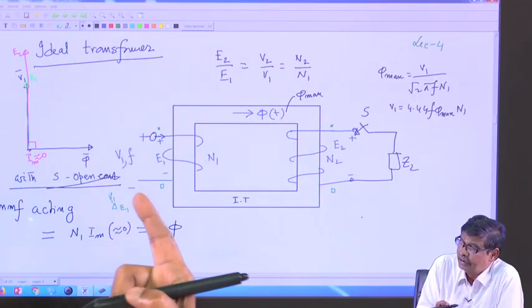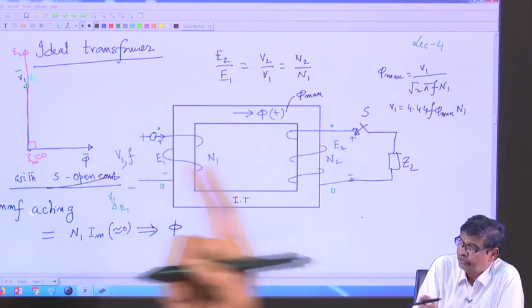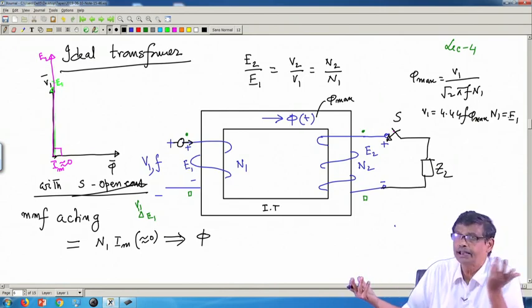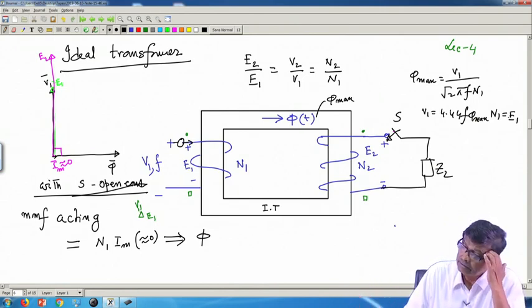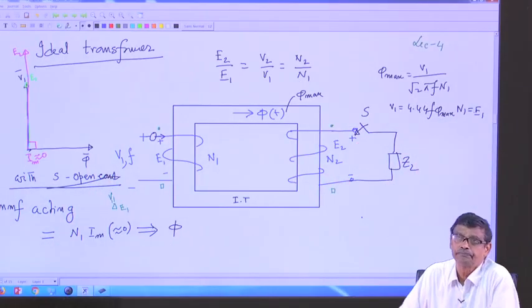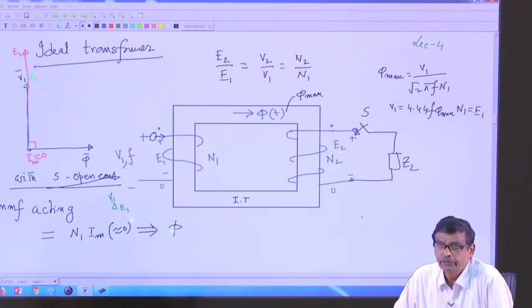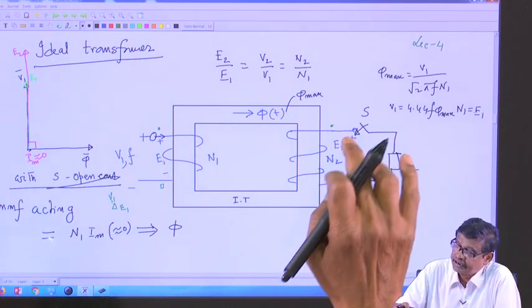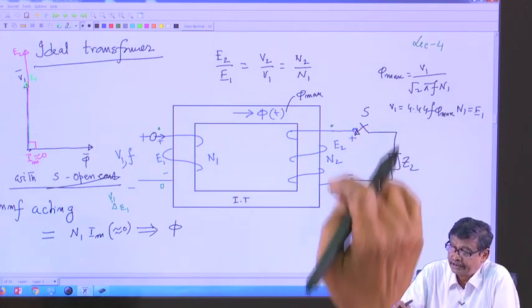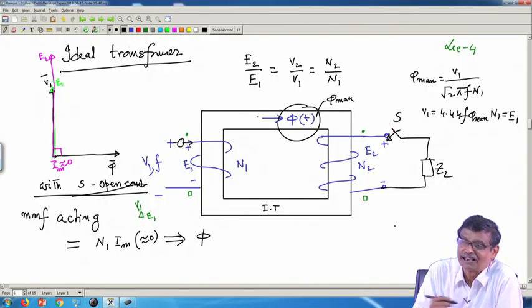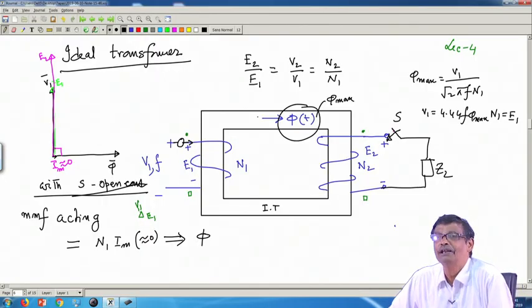So, on the primary winding the KVL is to be satisfied, V1 equal to E1. Therefore, phi max cannot change, no matter whether you have connected something on the secondary coil or not. In other words, even if you have connected some load on the secondary side, so that the secondary coil is carrying current, this flux cannot change. What it was, it will remain.